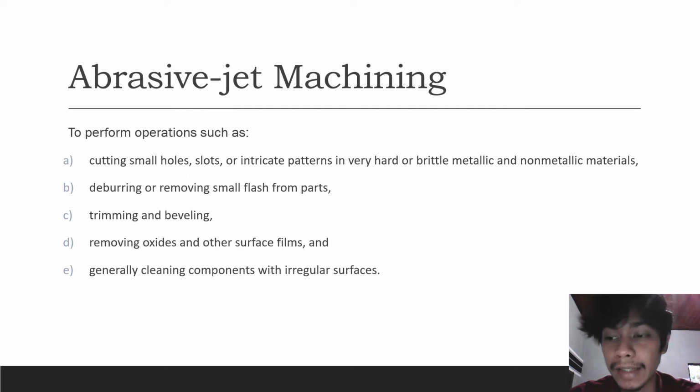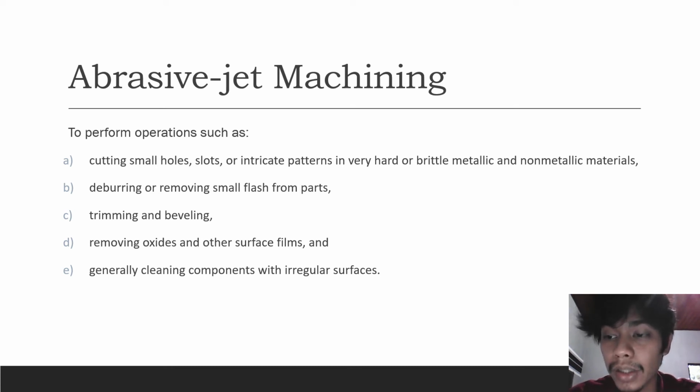Abrasive jet machining. In abrasive jet machining, or for short AJM, a high velocity jet of dry air, nitrogen, or carbon dioxide containing abrasive particles is aimed at the workpiece surface under controlled conditions.